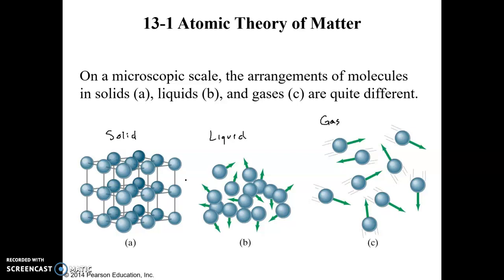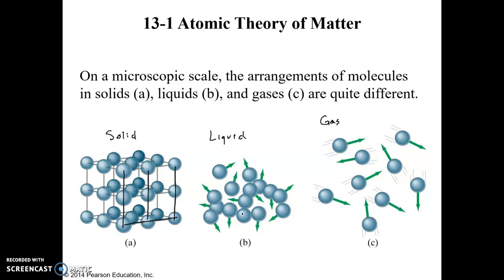At a molecular level, in a solid, the molecules are arranged in a nice, neat pattern, in rows and columns. They keep their shape, they keep their structure. In a liquid, they start bouncing around each other a little bit more.